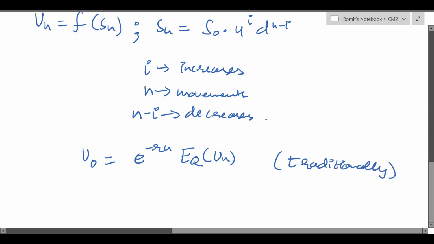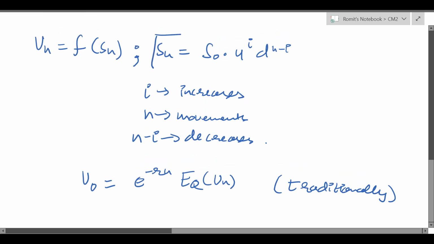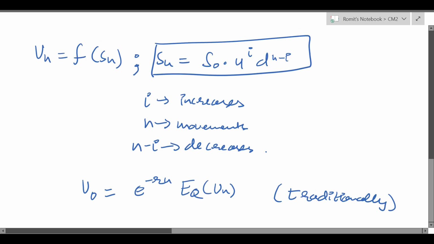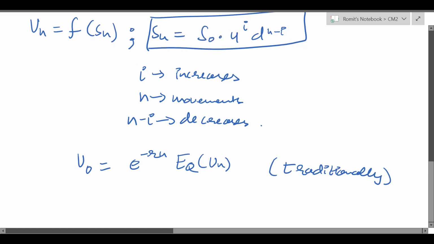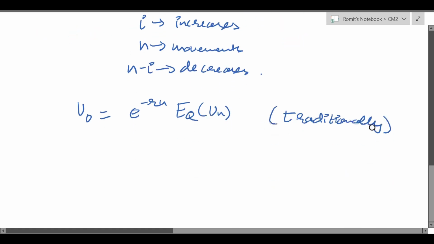This is the equation that we have seen all along, where this Vn is obviously dependent on this Sn, which is just, you start with S naught and then multiply with u as many times as you have increases and d as many times as you have decreases, so you arrive at this final price, right? And this is how you value it. So it's super straightforward, no problem.